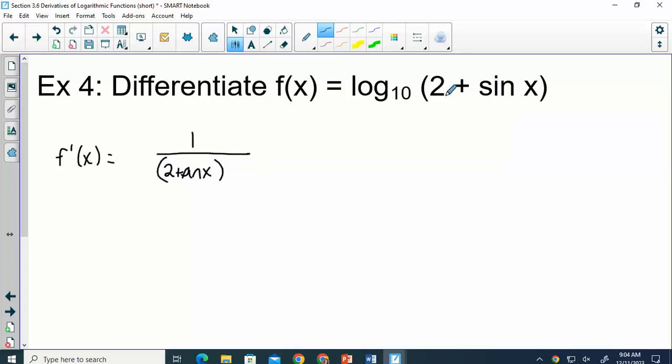But because my base is not e, since it's not a natural log, we have to take it times on the bottom the natural log of the base. So we just have to throw in a natural log of 10. Just like when we did the derivative of an exponential, we had times the natural log of the base. We do have to do chain rule here. So derivative of the inside. So derivative of 2 plus sine x.